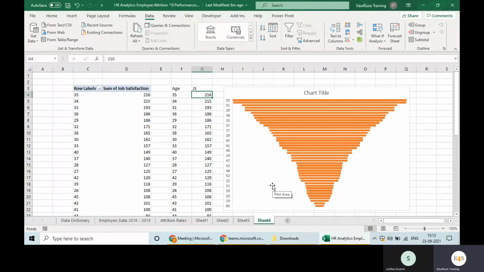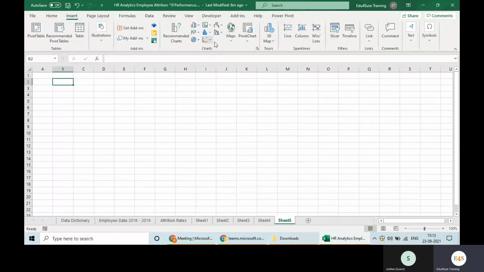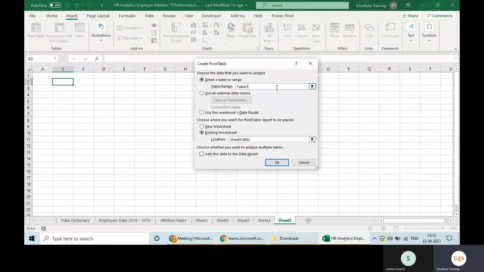Now we can create a pie chart in which we can show how many MBAs we have and what other qualifications we have, basically what the percentages are. You can go to insert pivot. A pie chart is always supported by a pivot table, so we can straight away create from here.